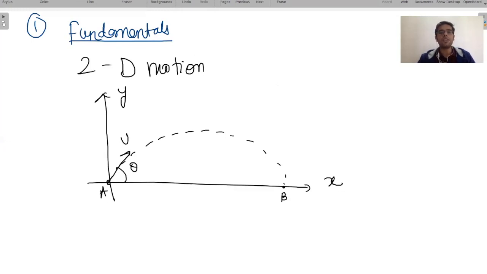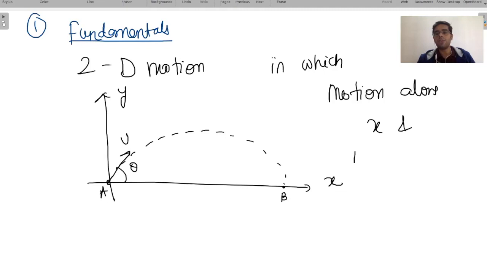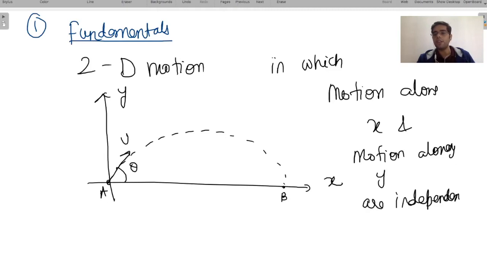So it's a two-dimension motion in which motion along x and motion along y are independent.